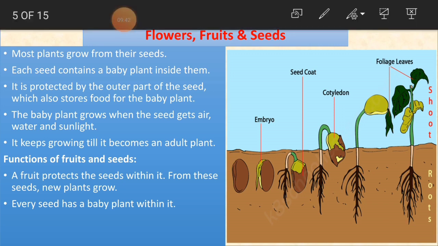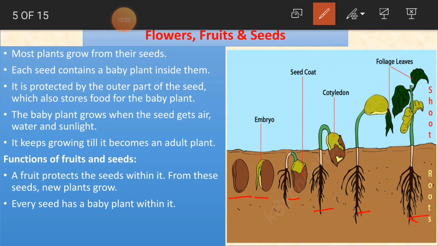See in the picture here, it is very clearly shown to you. First we sowed a seed, and then that seed slowly grows into a plant, like a small baby becoming a man or a woman.